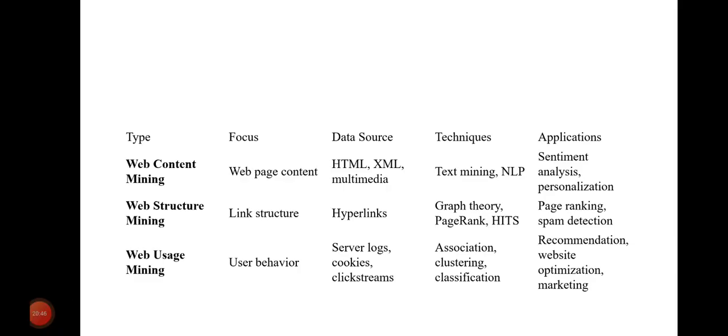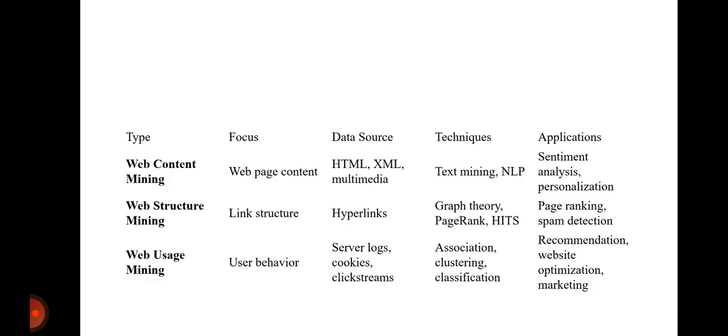And next is web structure mining: page ranking and spam detection. These are the applications that we perform with web structure mining. And next is web usage mining. In this, association, clustering and classification techniques are used, for recommendation, website optimization and marketing.